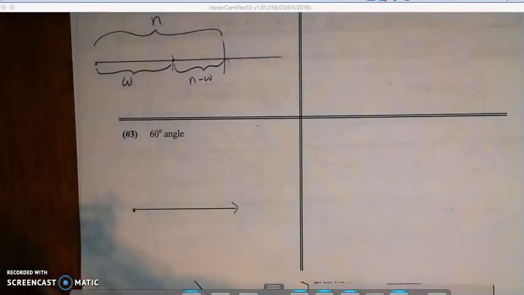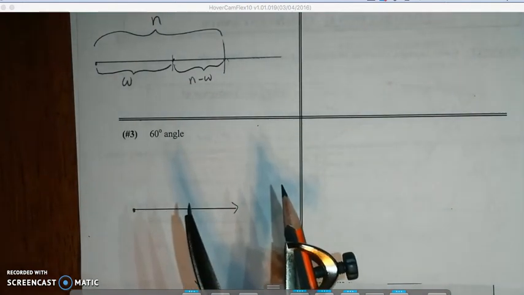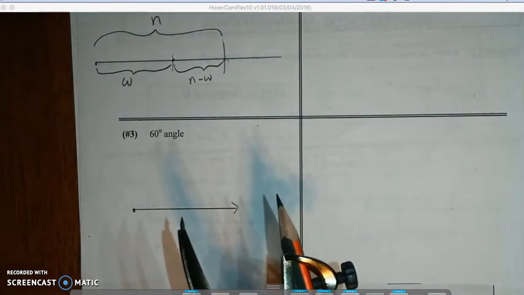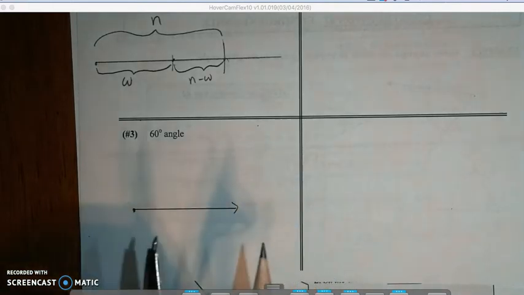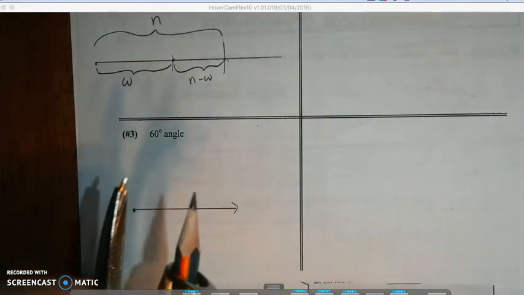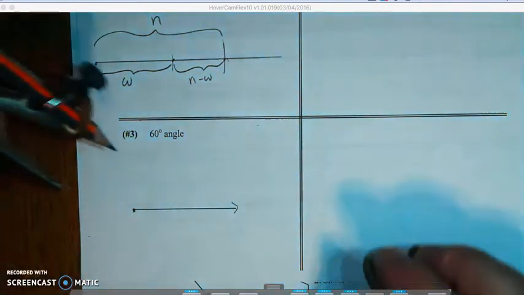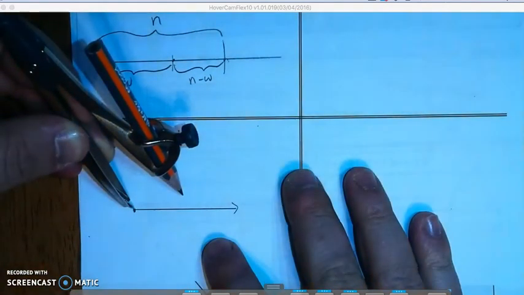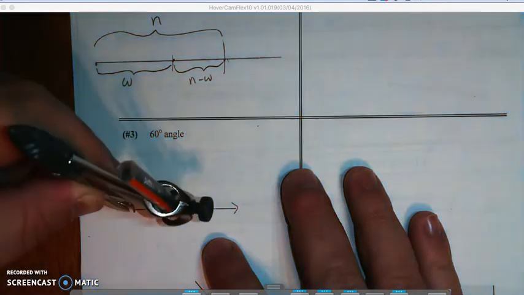Now, remember that a 60-degree angle, we can compare this to an equilateral triangle. All angles in an equilateral triangle are 60 because it's also equiangular. So what we do for a 60-degree angle is we set our compass to one length and we keep it like that. We don't change it at all. And we're going to copy down these lengths on the ray, and then we're going to find out where it crosses.